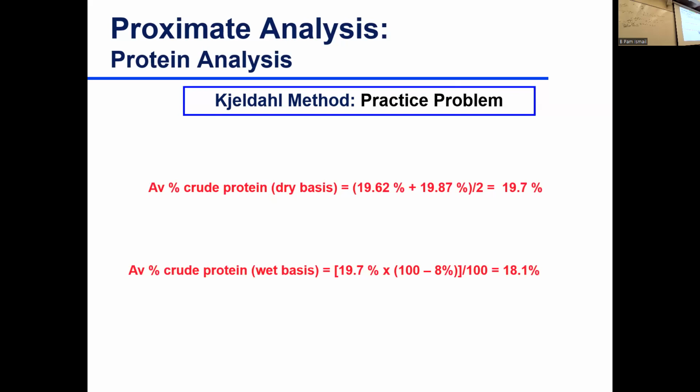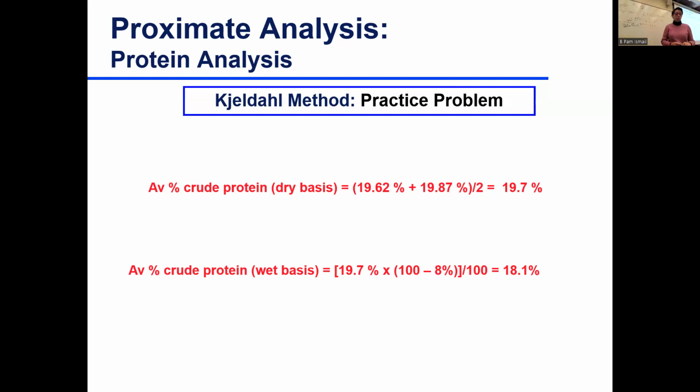And if you have 19.7 grams in 100 grams of dry matter, then here you have 92 grams. That's the 100 minus 8.